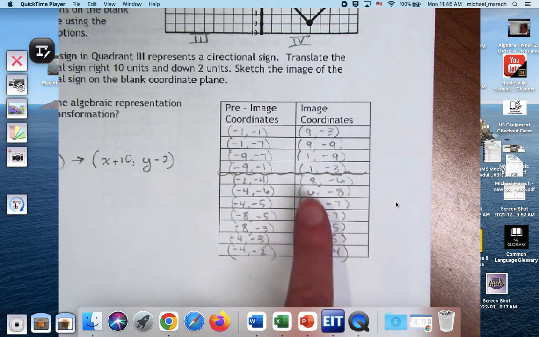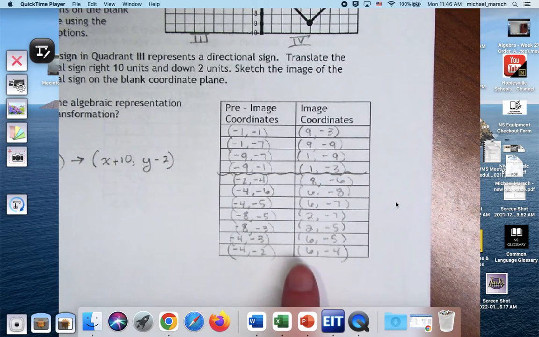Check your ordered pairs. Remember, you're adding 10 to each x, subtracting 2 from each y. And if they match up, then go ahead and plot them.